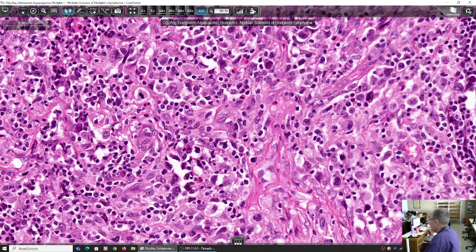By the way, as I'm sure that you have studied theory thoroughly, how is the non-classic Hodgkin lymphoma type called? The one that expresses B-cell markers and CD45. How is it called? This is, yes?